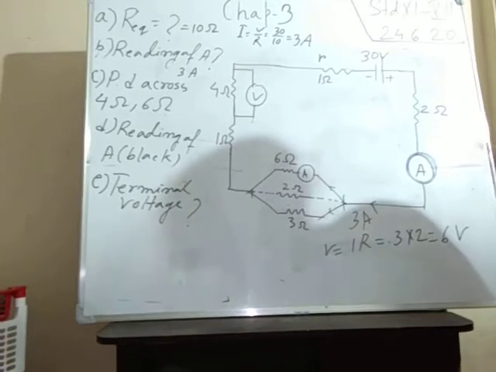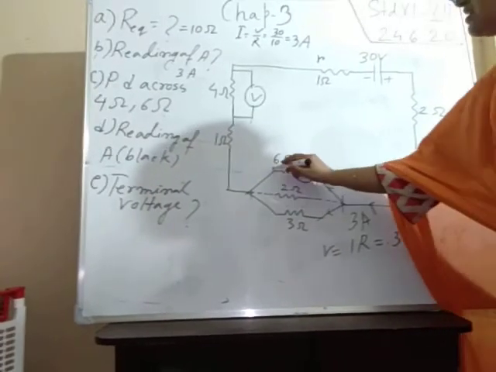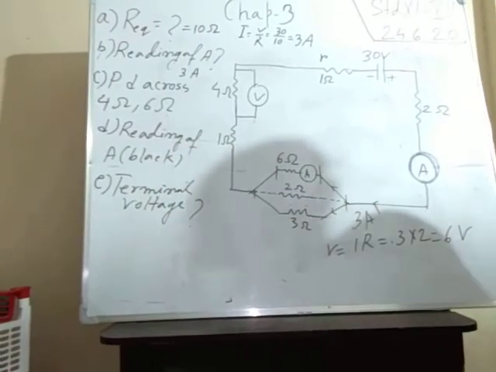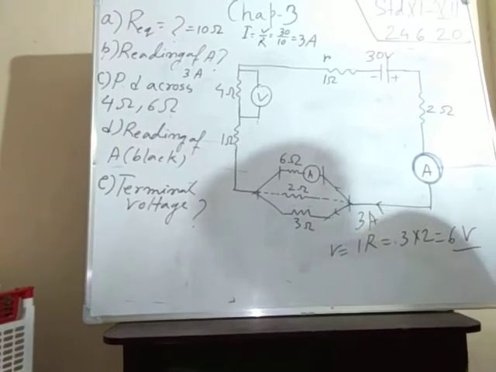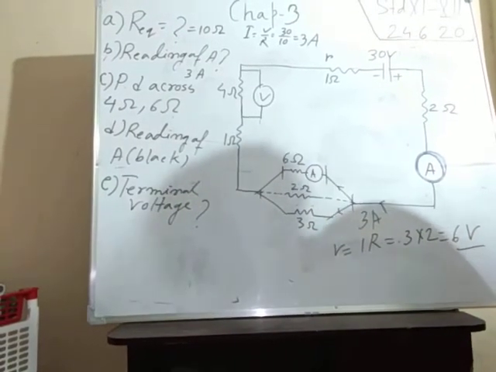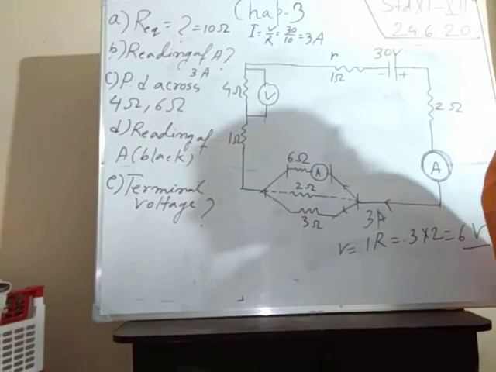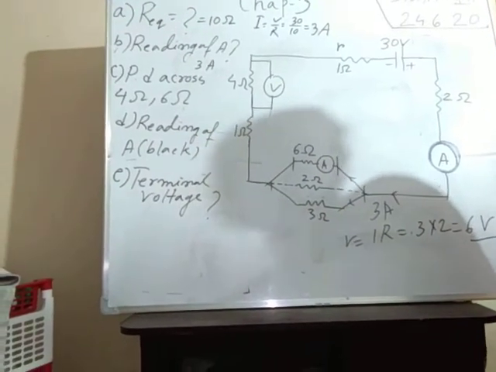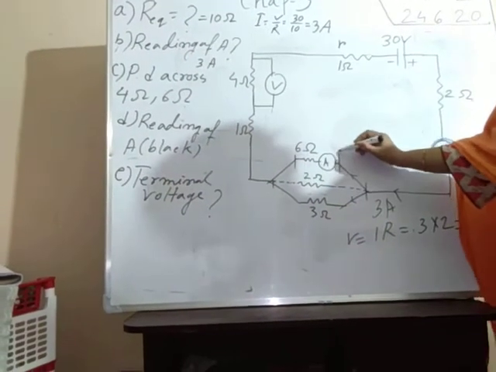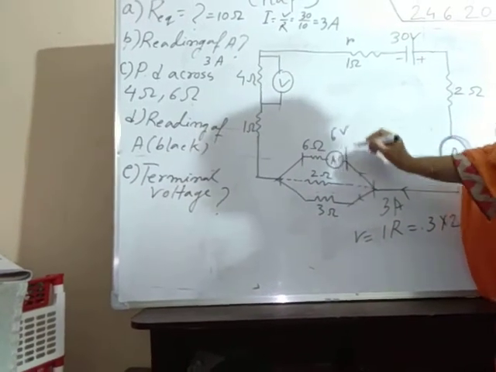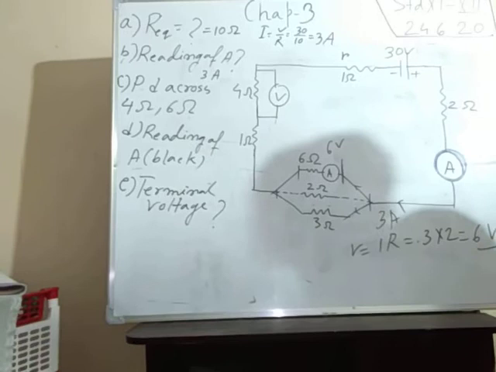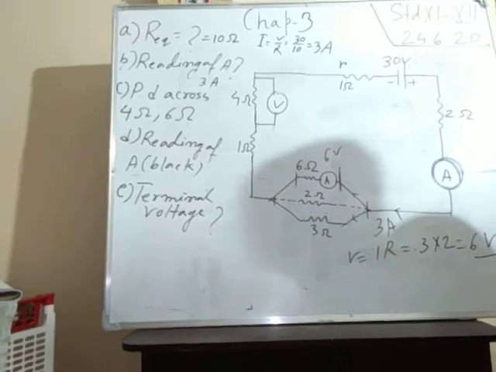So if the potential difference at the two end of this 6 ohm resistor we get 6 volt, what will the current flowing through that be? You know, V equal to IR. So the potential difference at the two end is 6 volt and the resistance is 6 ohm. So I equal to what?